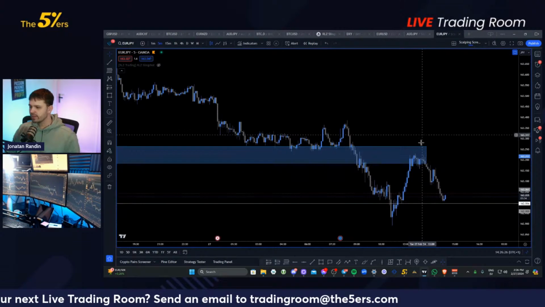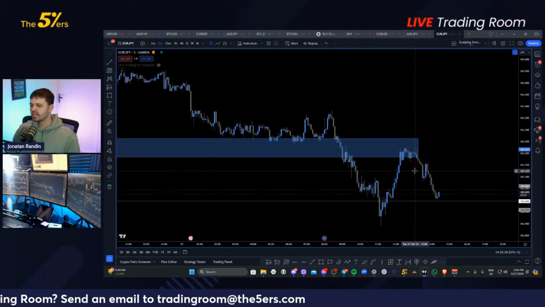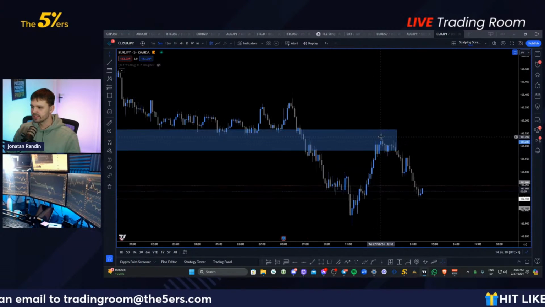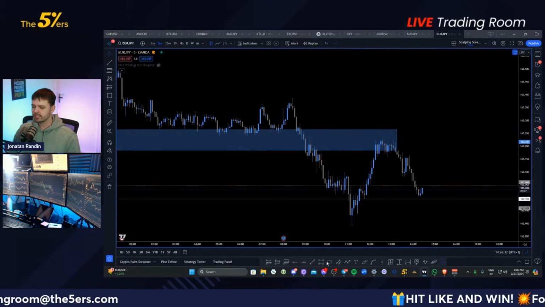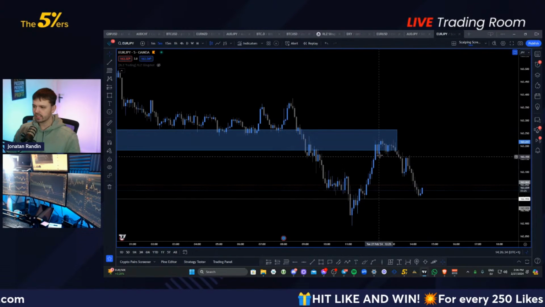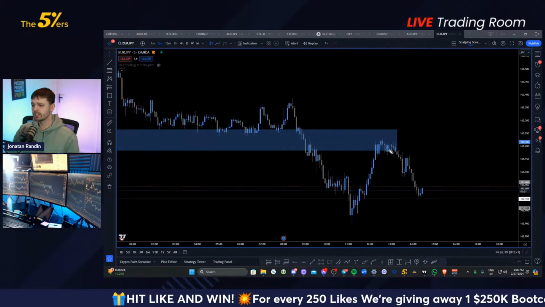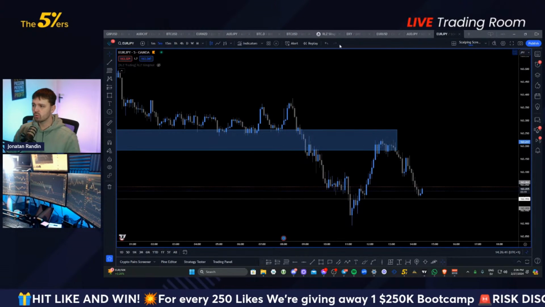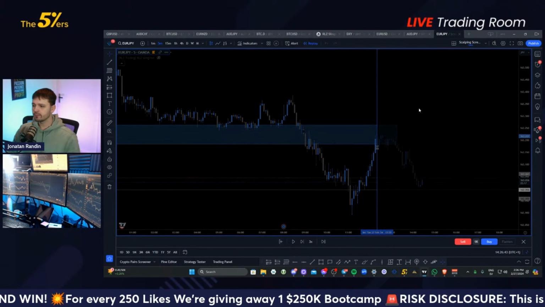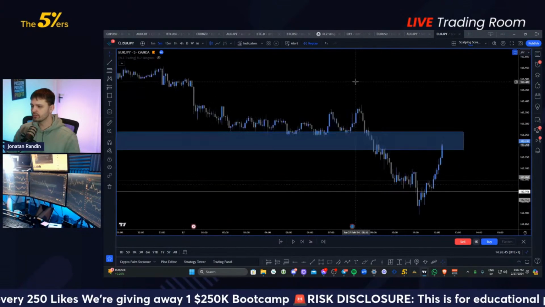So here we have a bearish rejection or reaction to this area right here. And you can see how it's almost like a range, right? There's two ways to trade this. Either you wait for a bearish engulfing candle.